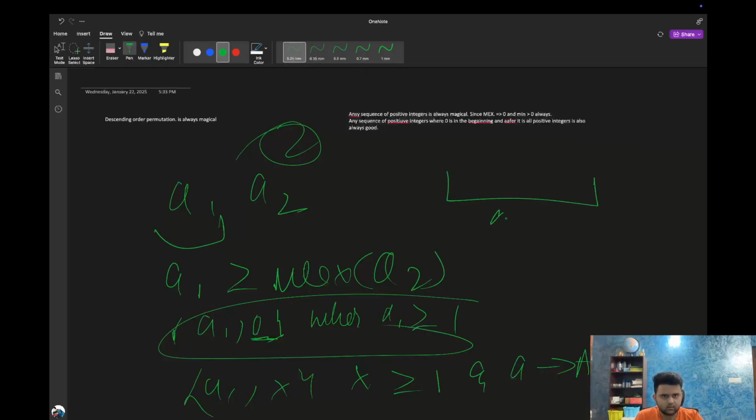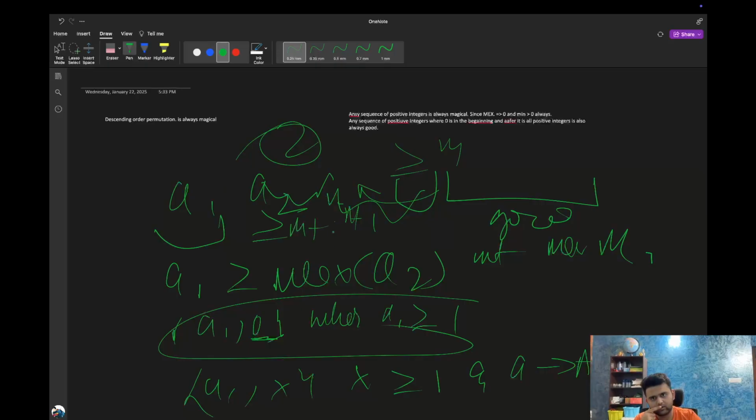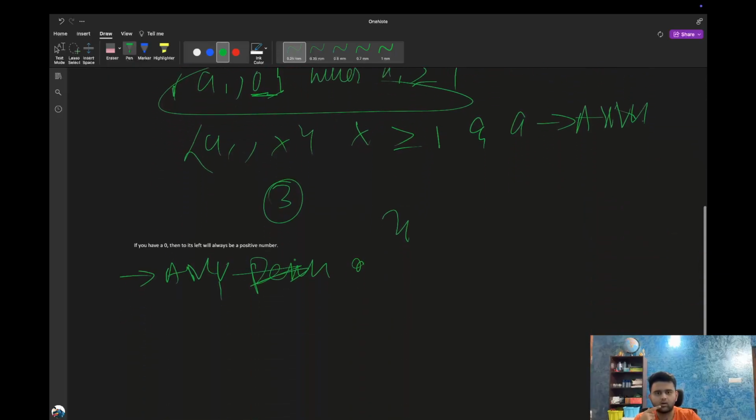Now say this is good with max m, so this should be equal to m for all this. So only if I hit m plus 1, then I would need everything else to be greater than or equal to m plus 1, m plus 2, right?